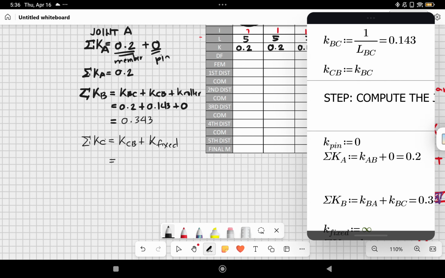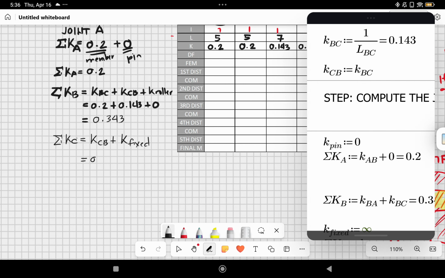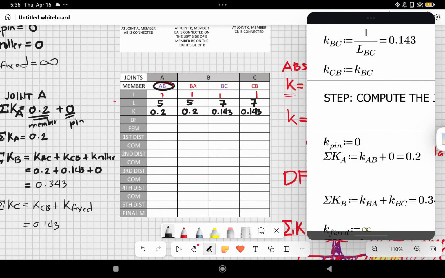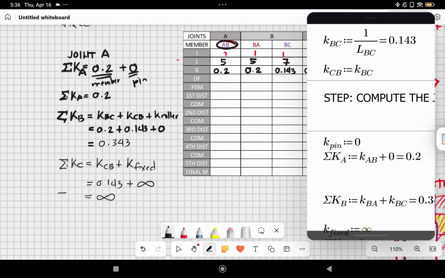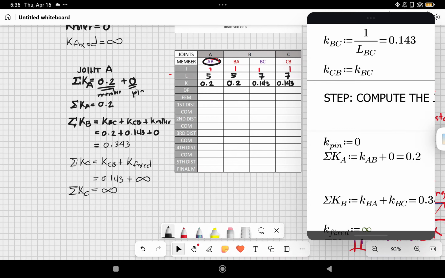So KCB is 0.143 plus infinity. We know that any number plus infinity is infinity. Okay, so we have summation KC equals infinity.